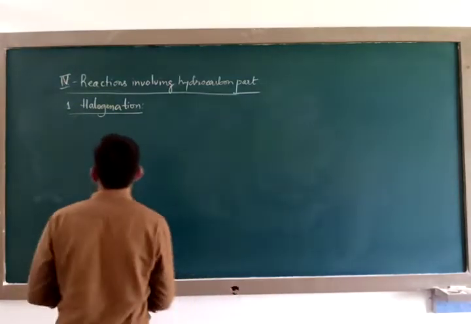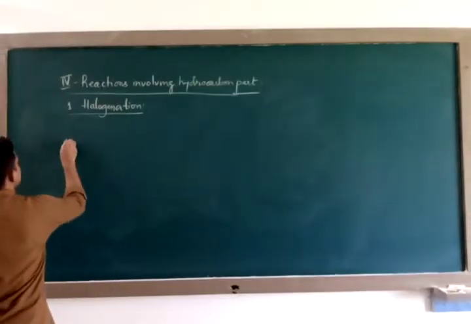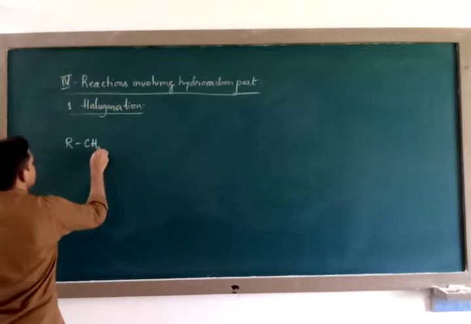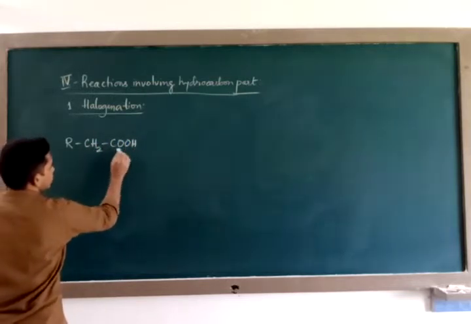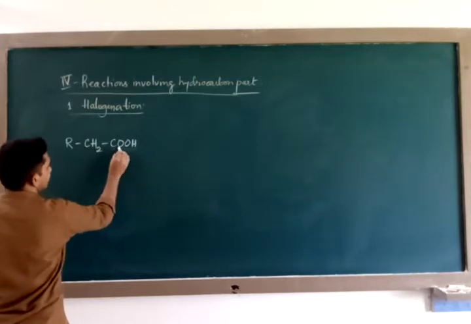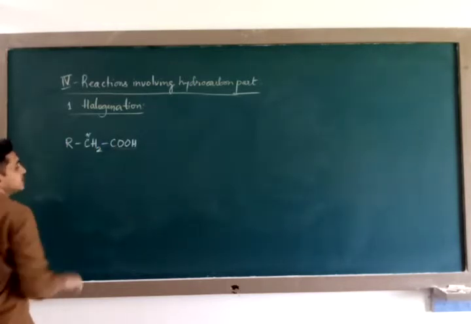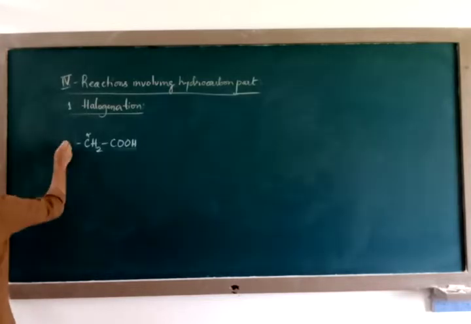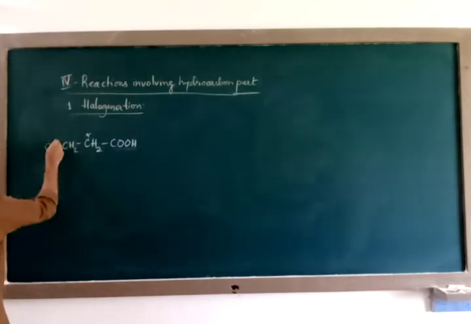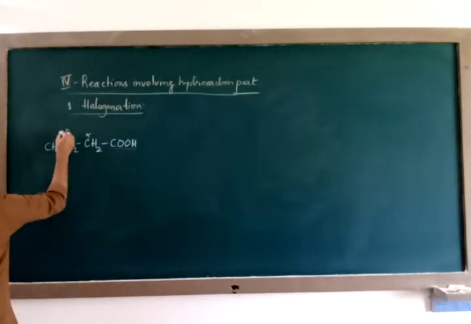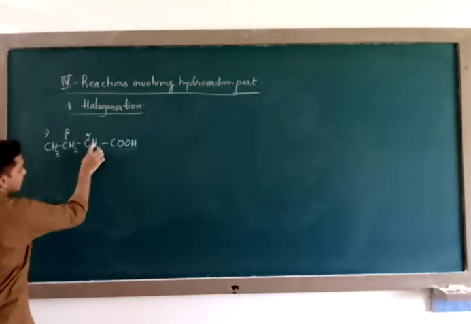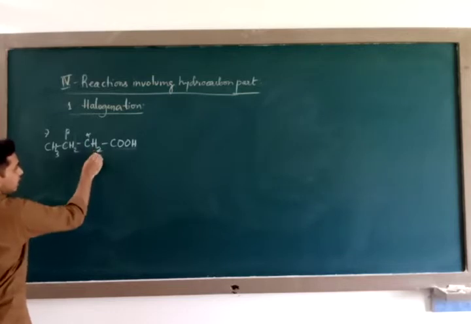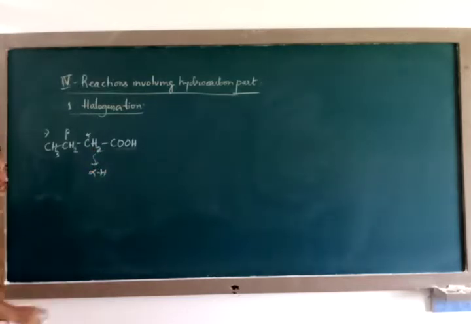Example, if I take RCH2COOH, excluding this carboxyl group, the next carbon is labeled as alpha. If there was another carbon, this is labeled as beta, the next carbon as gamma. So those hydrogens that are present with alpha carbon are called alpha hydrogens.